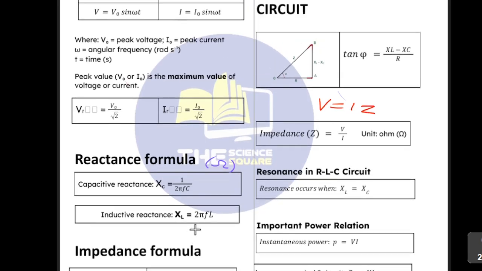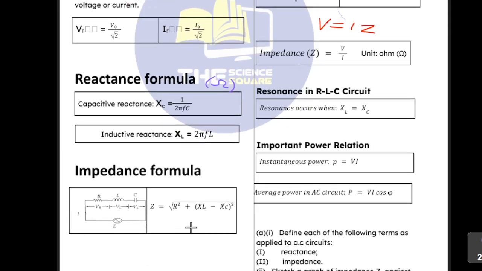Also, our V has a similar formula, which is V equals the square root of VR squared plus VL squared minus VC squared.